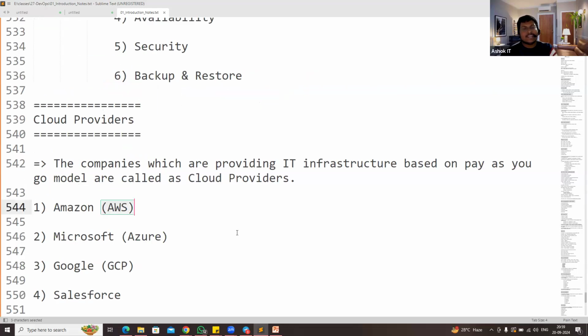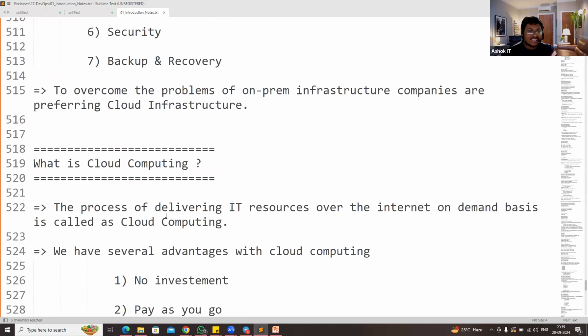By using AWS, we can take IT infrastructure for rent. In order to run our project, we need machines, a database, storage, scalability, availability, network, backup, security, whatever resources are required to run our business. That is called IT infrastructure.